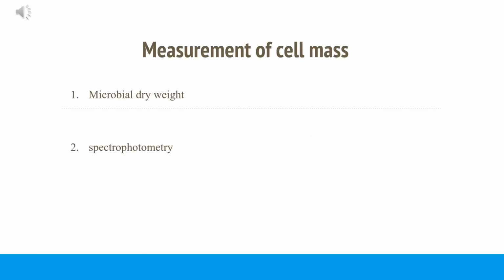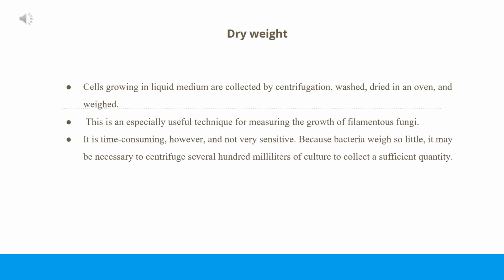And the next is the measurement of cell mass. It is done with the microbial dry weight and spectrophotometry. So, coming to the measurement of cell mass, first method, dry weight. In this technique, the cells growing in liquid medium are collected by centrifugation, washed, dried in an oven and weighed.